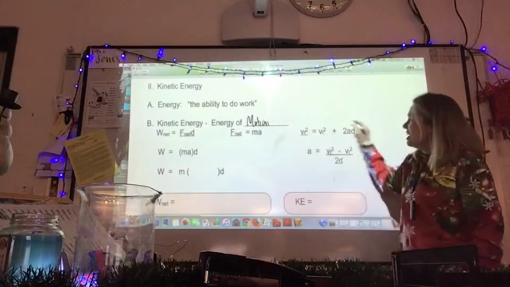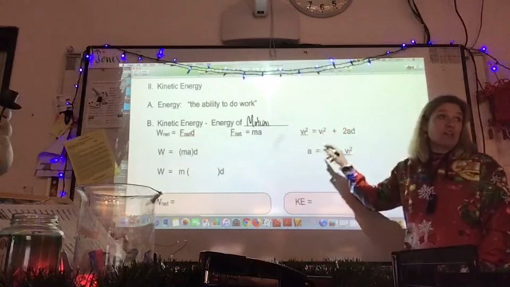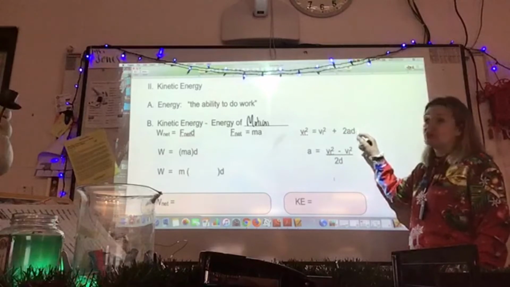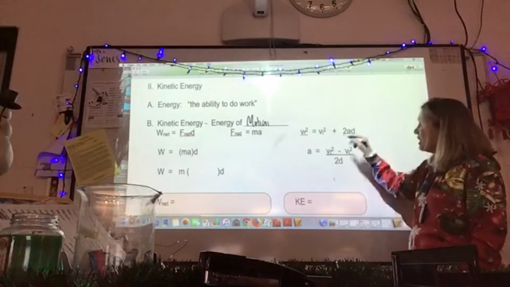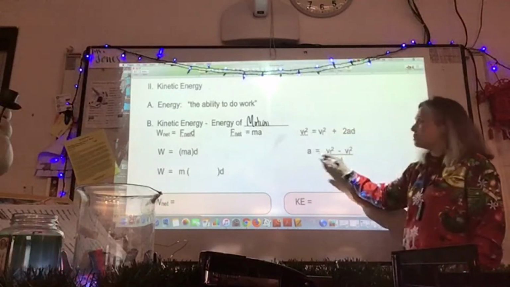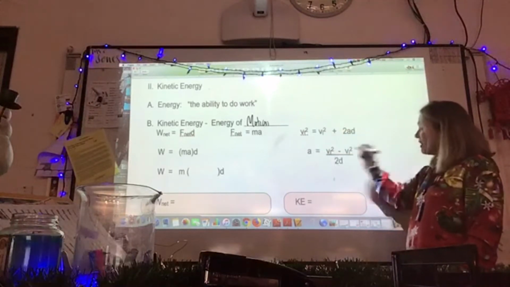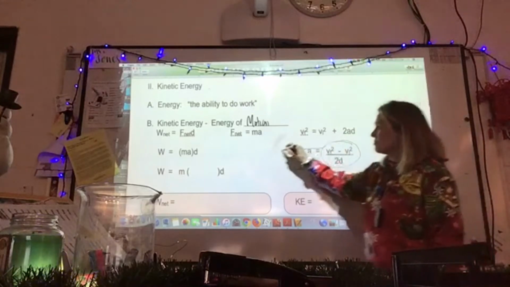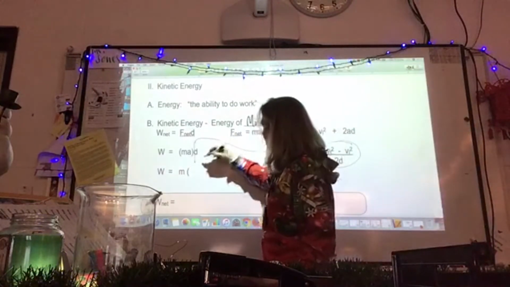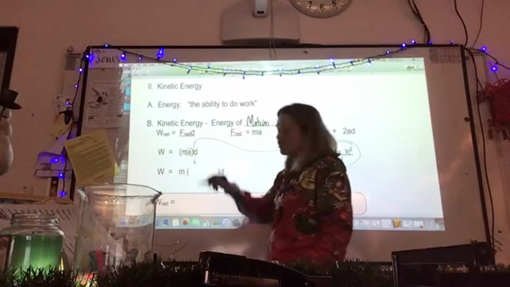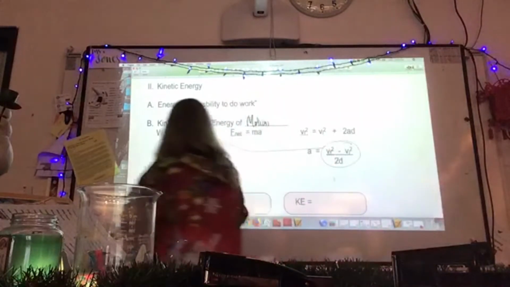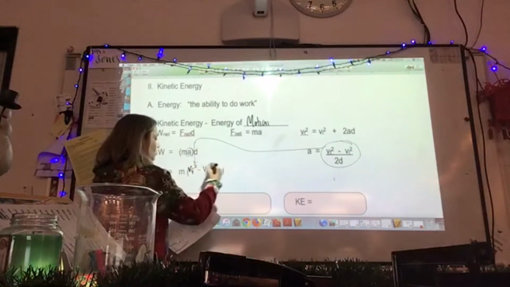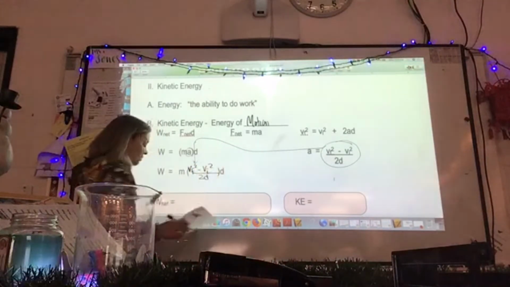You remember this one from a while ago? V final squared equals V initial squared plus 2ad, where d is delta x, our displacement. I rearrange this and solve for a. So I get a equals V final squared minus V initial squared over 2d. And guess what I want to do? Put that in for a. So we have m times V final squared minus V initial squared over 2d.